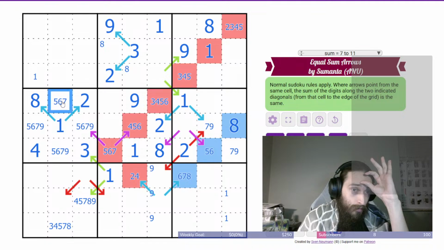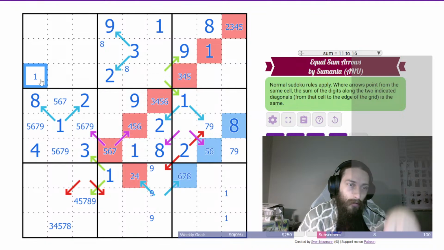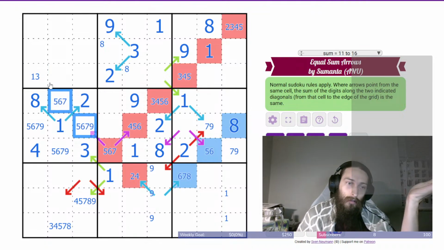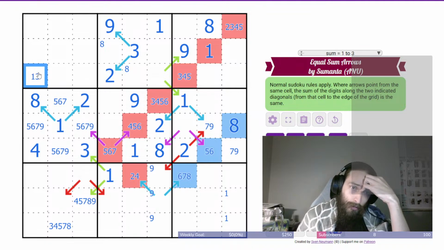Then you could do 5, 9, and 1. 6, 7, well, and 2 wouldn't work. But you could do 5, 7, and... Well, the max would be 4. So this must be 1 or 3.